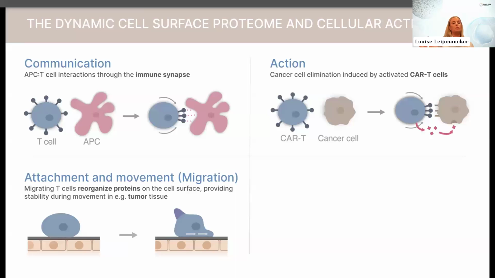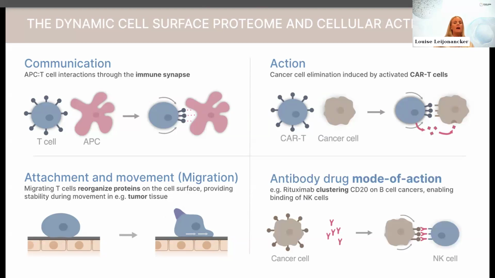A third example would be attachment and movement, or migration, and how migrating T cells also reorganize their proteins to the back part of the cell as it's migrating, something called a uropod, which makes the cell more stable as it needs to migrate into packed tumor microenvironments to perform cytotoxicity. We also have the fourth example, the mode of action of an antibody drug.